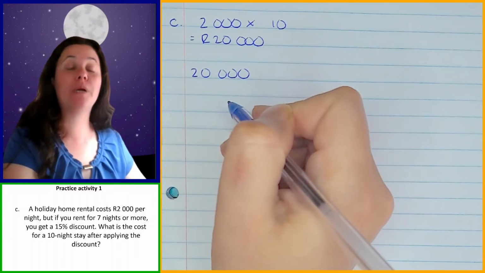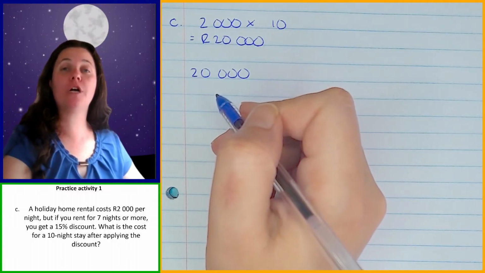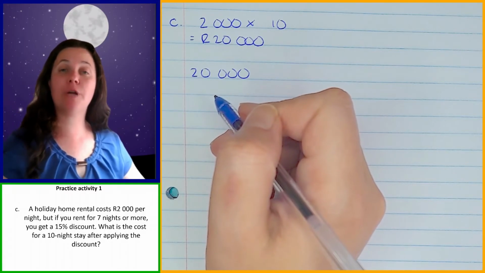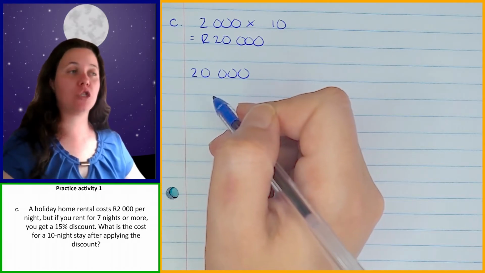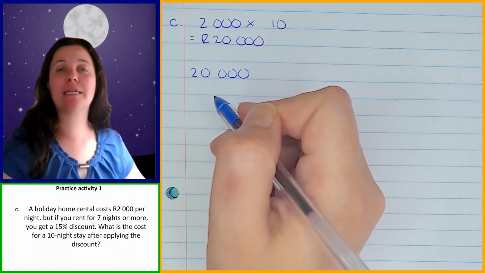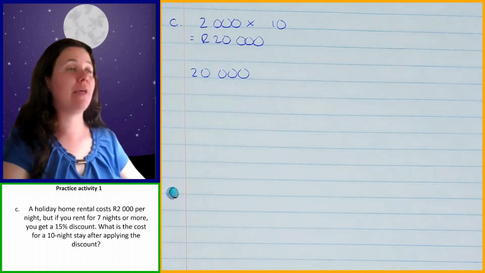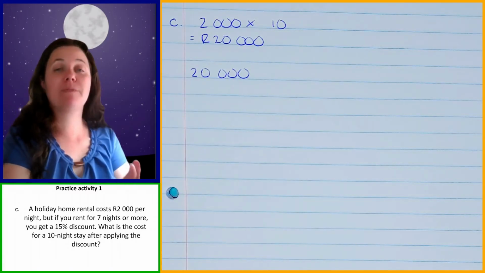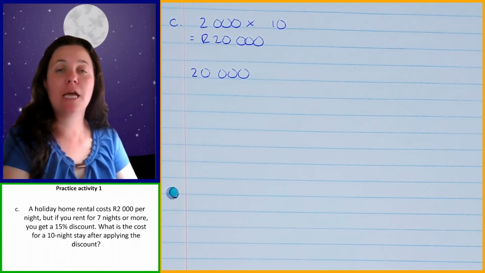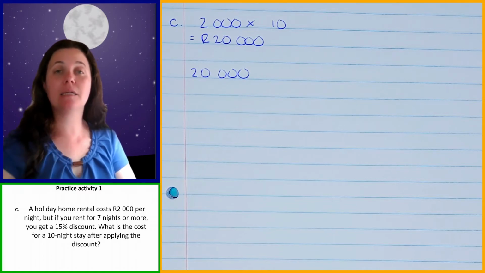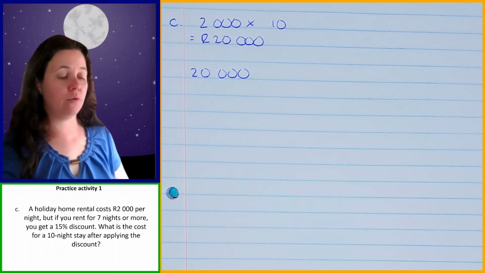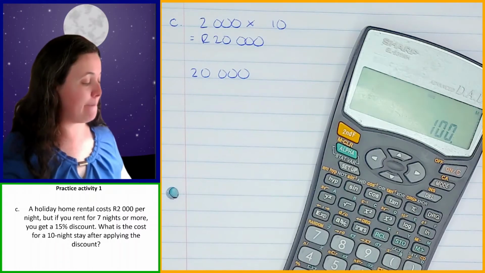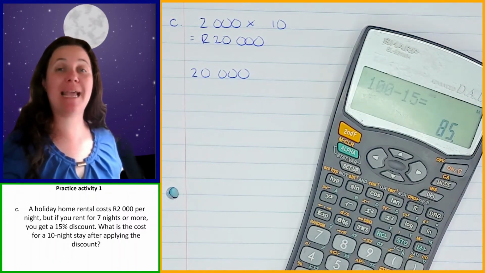and now we have 2 choices. We can either work out what the discount is and then subtract it, or we can work out the total amount that they're going to pay straight away by saying how much are they going to pay instead. If they are not having to pay 15% for the discount, then they're going to pay the balance, which is 100%, minus the 15%, which is 85%.